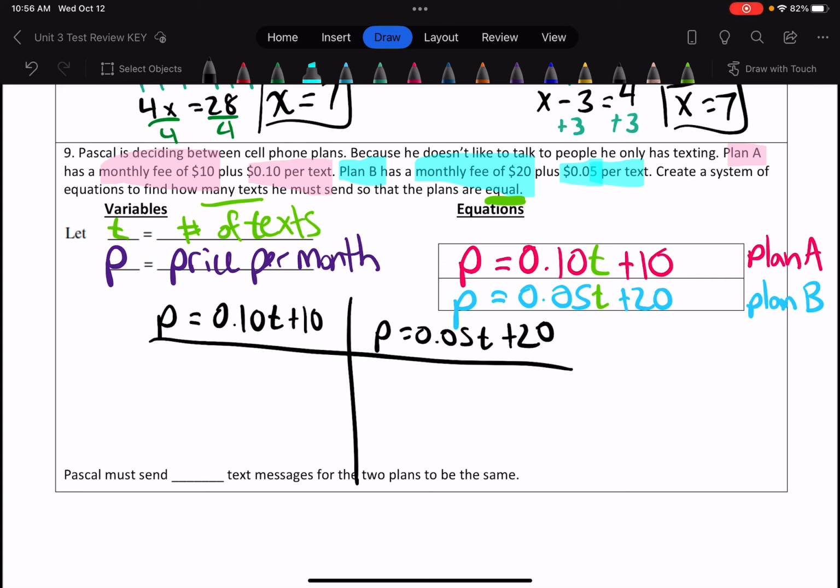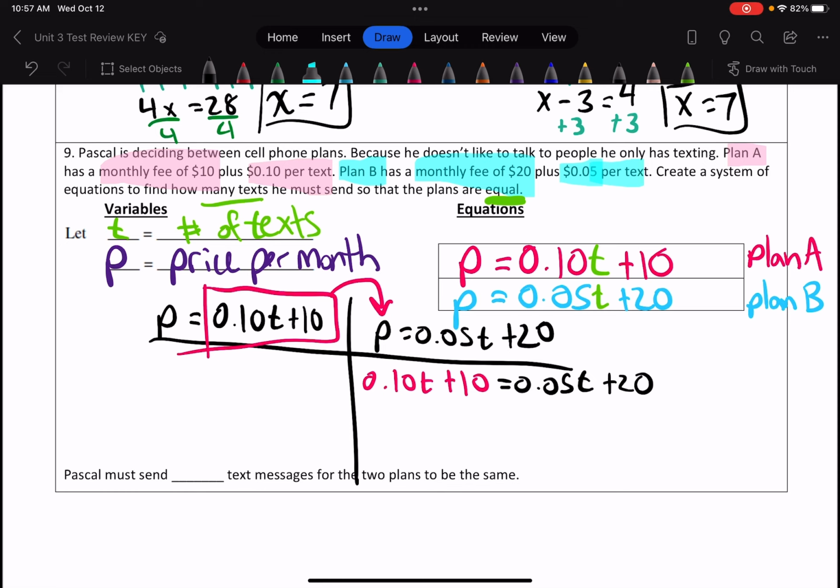So essentially, I am setting these plans equal to each other to find out what text value will make their values equal. So I'm going to take the values of Plan A, this 0.10t plus 10, and replace it with P in my second plan. So I've got 0.10t plus 10 is equal to 0.05t plus 20.